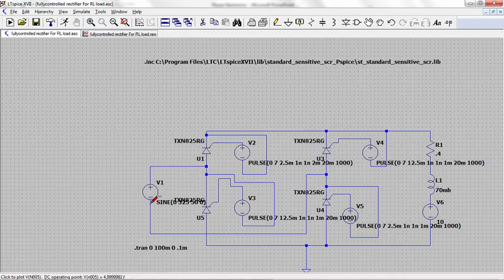So this side has become plus. The cathode is connected to the positive of the voltage source and the anode of an SCR is connected to negative.